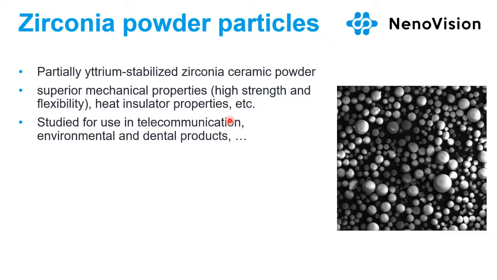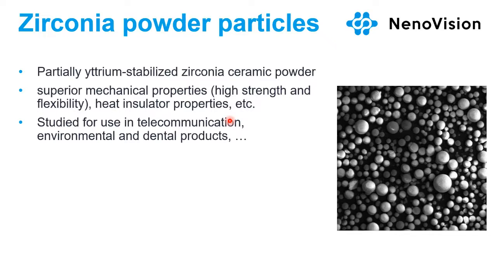So what is the material? We're going to have a look at zirconia powder particles. They are partially stabilized zirconia ceramic powders. They have superior mechanical properties such as high strength and flexibility, or heat insulator properties, and so on.